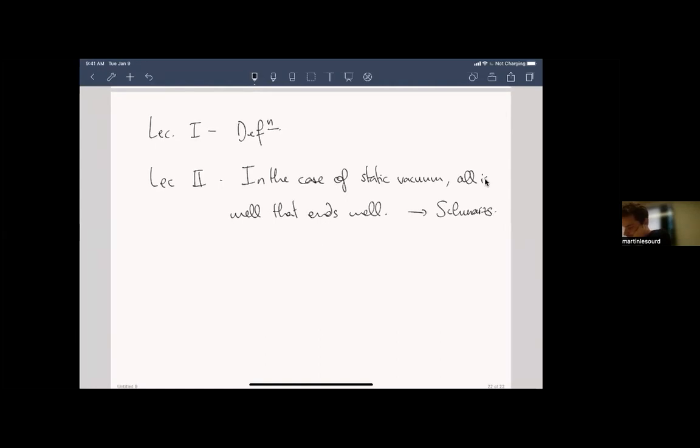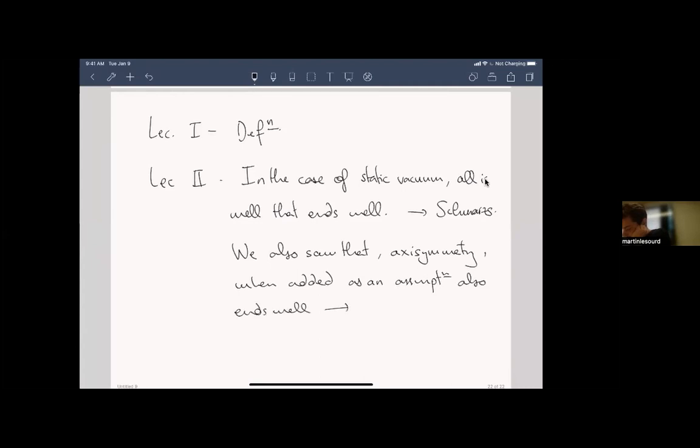Then we also saw that axisymmetry, when added as an assumption, also ends well.